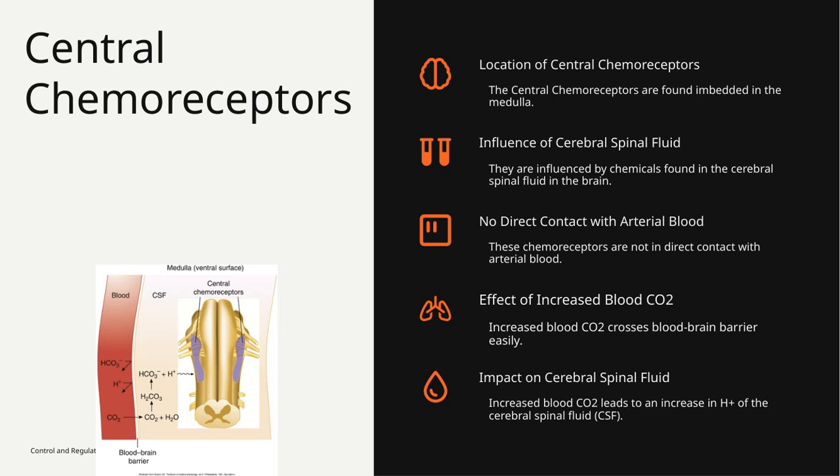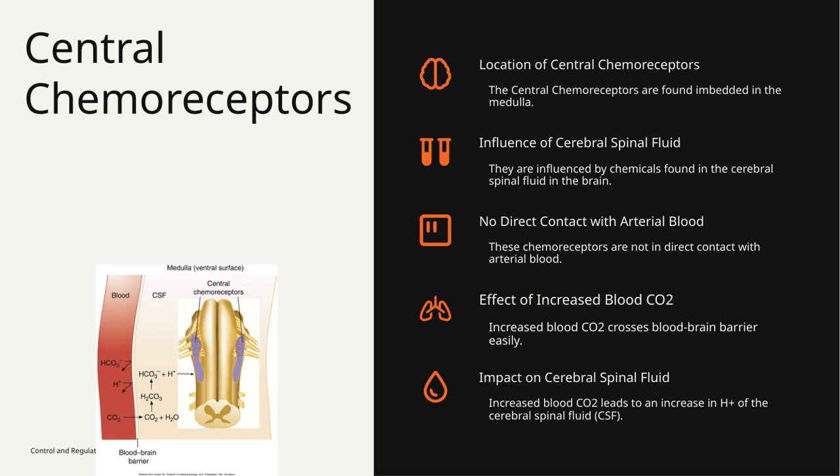Let's look at how the control and regulation of ventilation and cerebral blood flow are managed, starting with the role of central chemoreceptors. These specialized sensors are crucial because they help us regulate breathing based on the chemical environment of the brain. When blood CO2 levels increase, this causes a rise in the H+ concentration in the cerebrospinal fluid, or CSF.